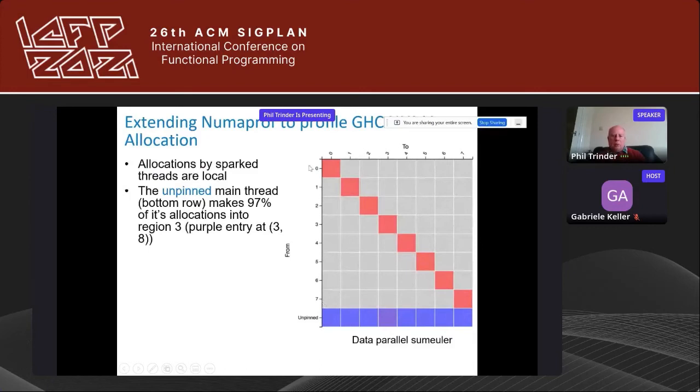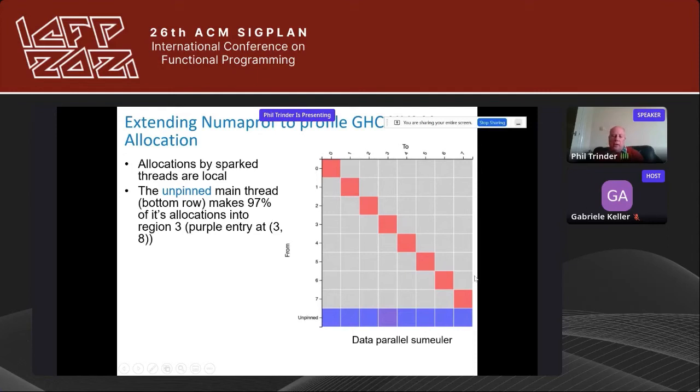So the profiles are, again, heat maps, and unsurprisingly, there is this diagonal where the allocation from all the pinned threads is entirely local, and there's no allocation anywhere else.